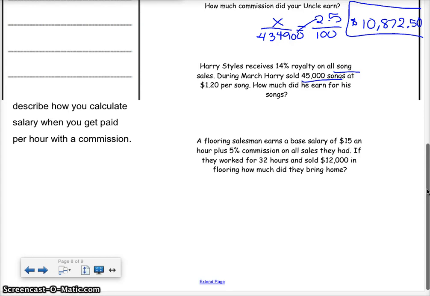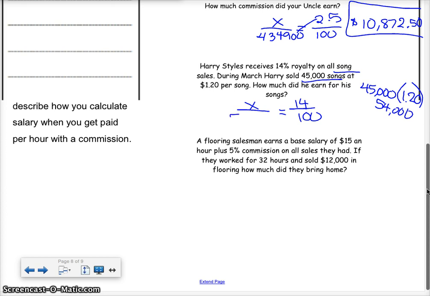Well, I know he earns part is to everything, which I don't know, as the percent is to 100. So I need to figure out what everything is. So 45,000 songs. How much is each song? $1.20. So let's times them together. 45,000 times 120, $54,000.